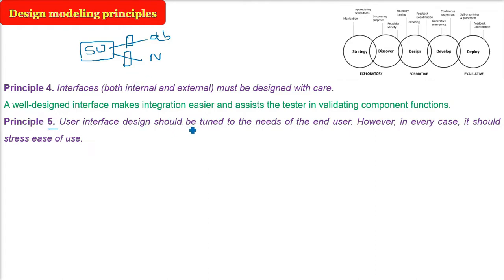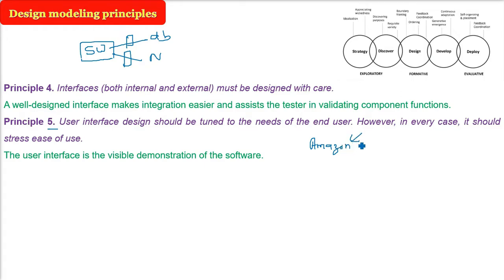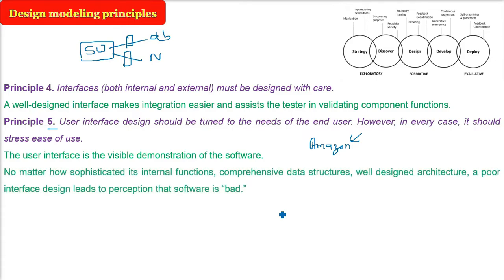Next one is user interface design, which should be tuned to the needs of the end user. However, in every case, it should stress ease of use. So whatever is being used by the user is visible to them. I'll give you an example, Amazon. Now when you use Amazon, why is Amazon so popular? You just have to give a credit card one time. It will only ask for the CVV next time. Most of the options will show you that the prices are less.